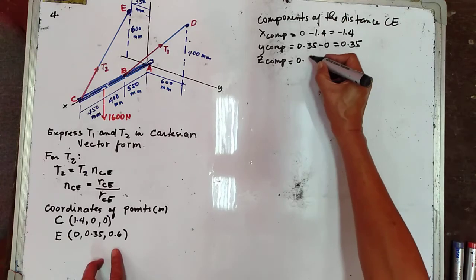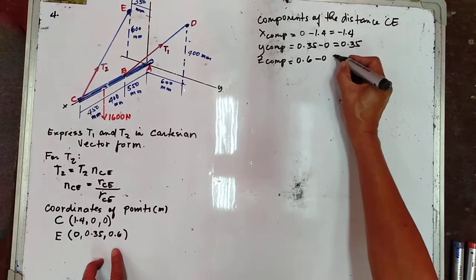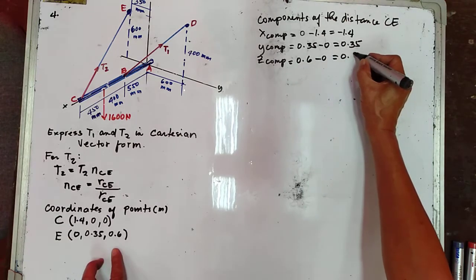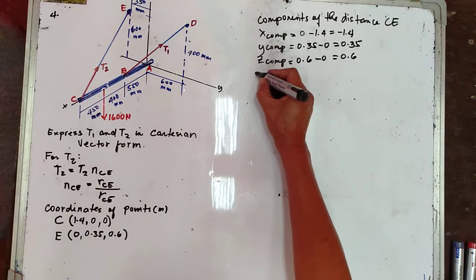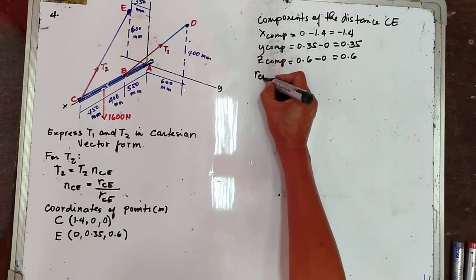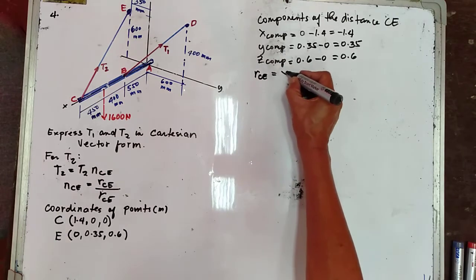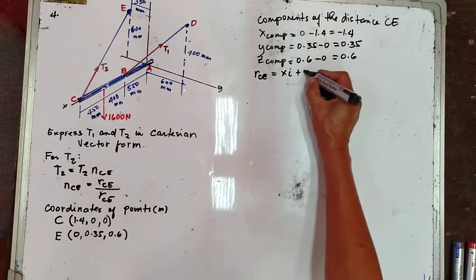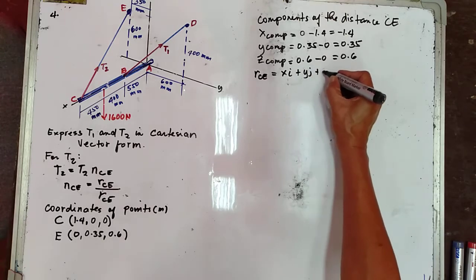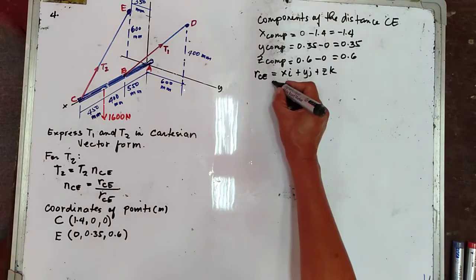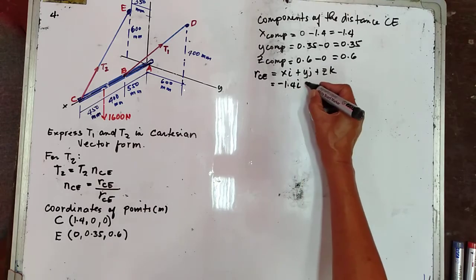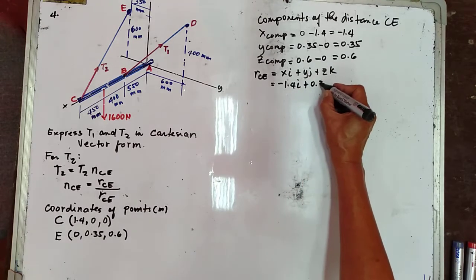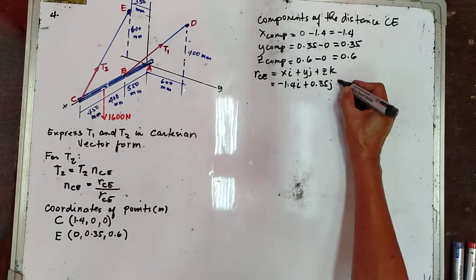And 0.6 minus 0, so we have 0.6. So that your RCE is equal to xi plus yj plus zk. So this is negative 1.4i plus 0.35j plus 0.6k.